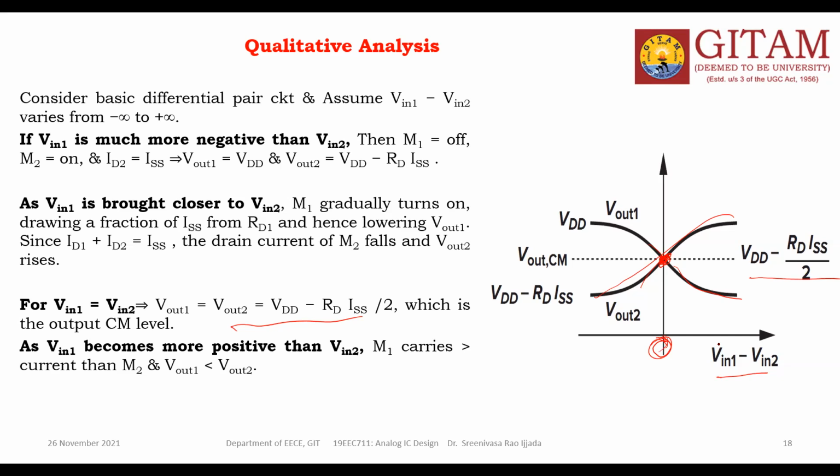Then M1 carries more current than M2. Whenever the current in M1 is more, the drop across RD is more. Your output voltage formula is VDD minus RD into current, so Vout1 decreases and Vout2 increases. You can ask me any doubt if you have any.